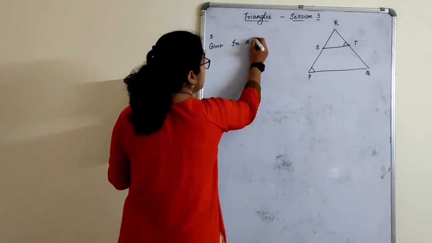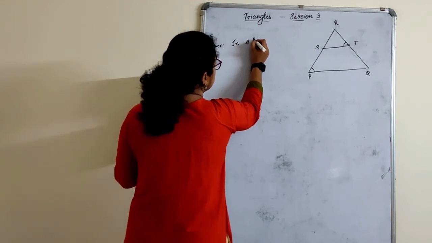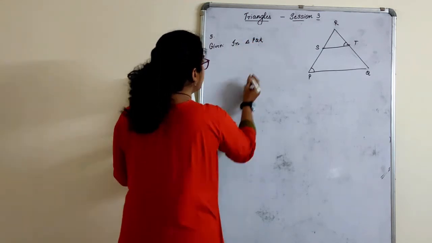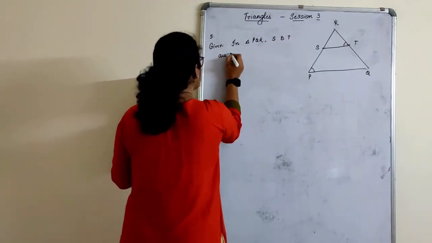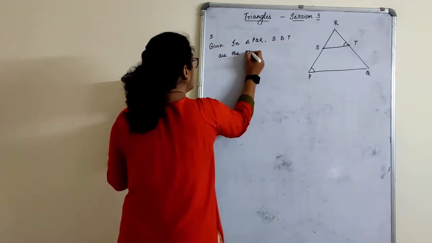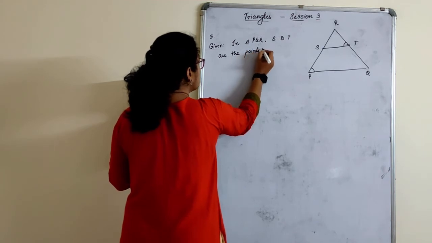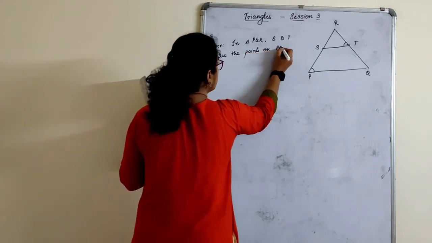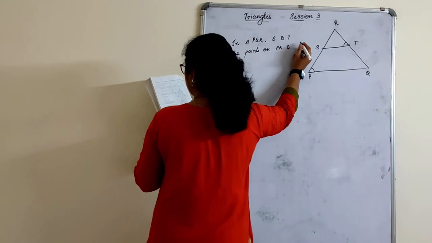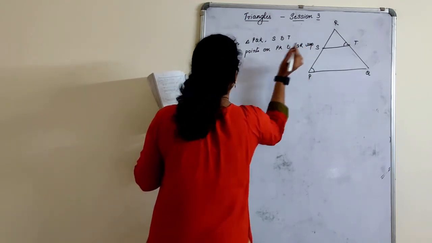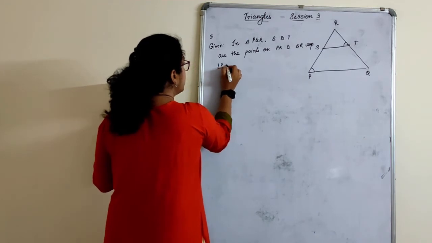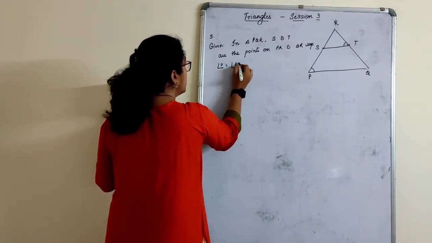In triangle PQR, S and T are the points on PR and QR respectively. Angle P is equal to angle RTS.